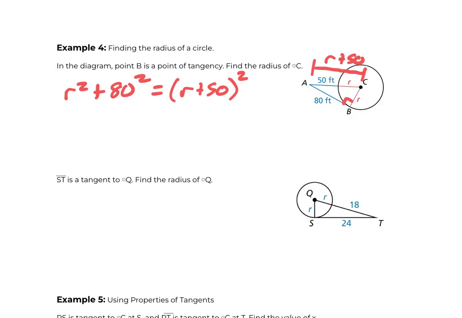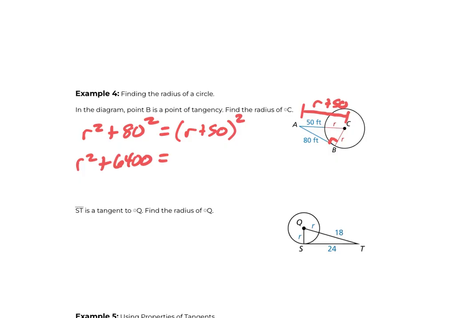And like I said, this is what we did at the very beginning of the lesson today. This part right here is not a big deal. R squared plus 6,400. Now usually what I like to do, kind of to the side or somewhere else where there's some space, is FOIL r plus 50 times r plus 50.